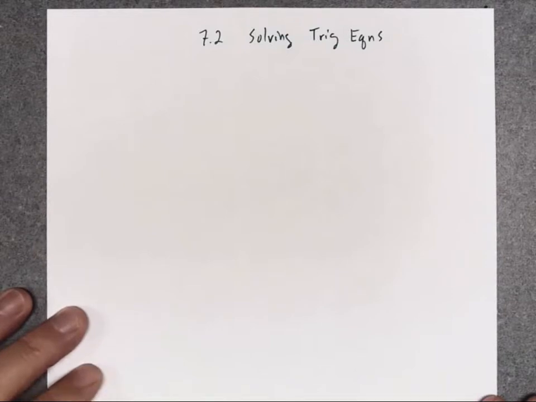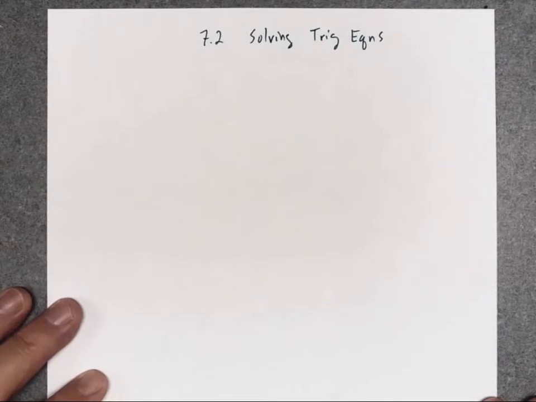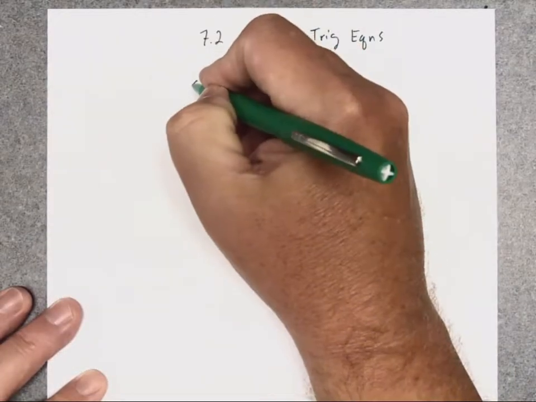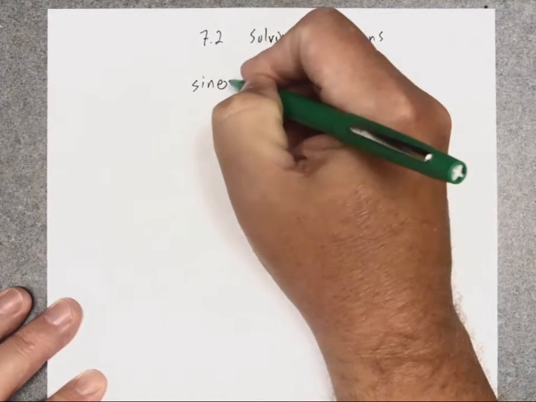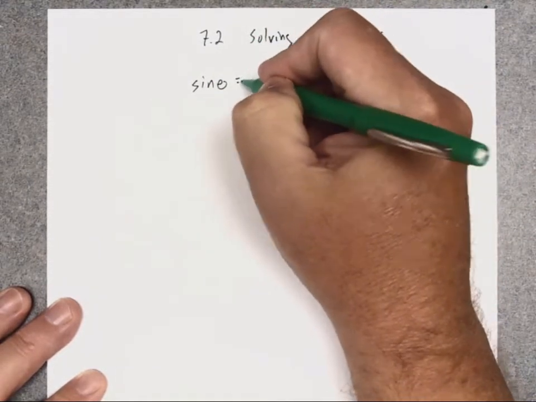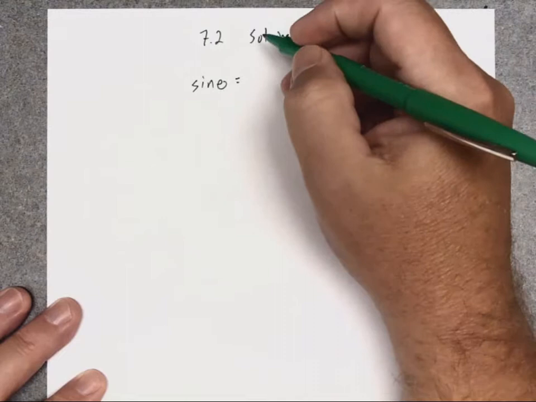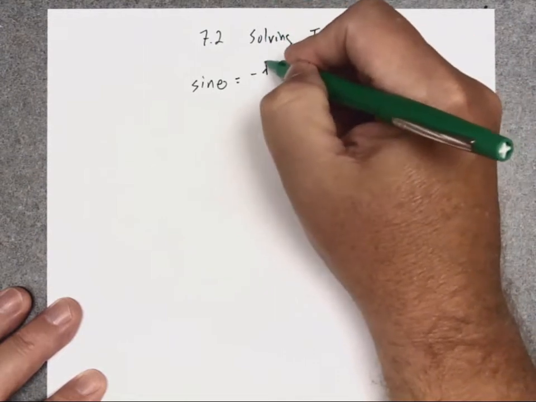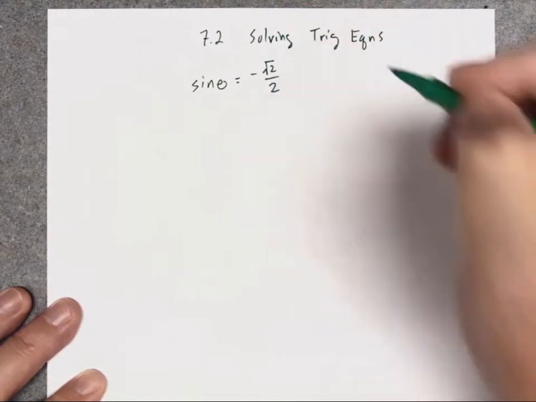So of course we'll start with the simpler looking ones, and go to more difficult. So for instance, here's a fairly straightforward trig equation. Sine of theta equals negative square root of 2 over 2.